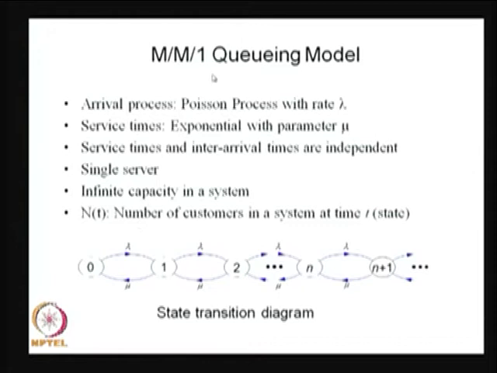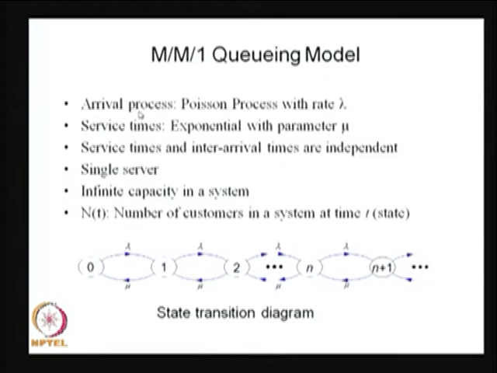Now our interest is to find out the behavior of the queuing system, or the behavior of the number of customers in the system at any time t. Therefore, you can define a random variable N(t), which is nothing but the number of customers in the system at time t. This forms a stochastic process over t.